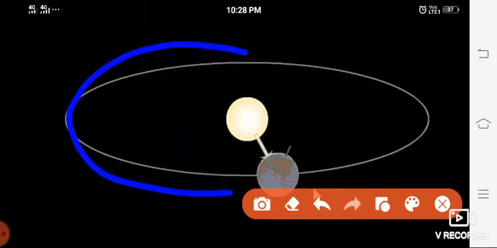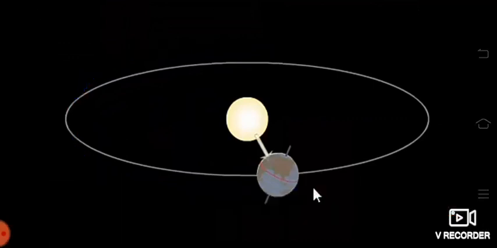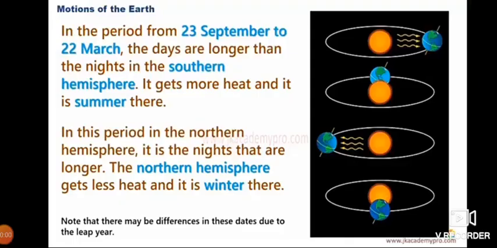But at the same time, the southern hemisphere, that is the down part, was away, so it was winter there. That means days were shorter and nights were longer. Did you understand? Now we'll see the next part of the revolution. Let us now study about the next period, what happens.